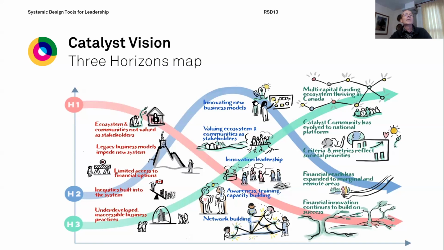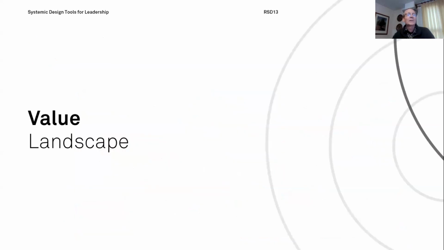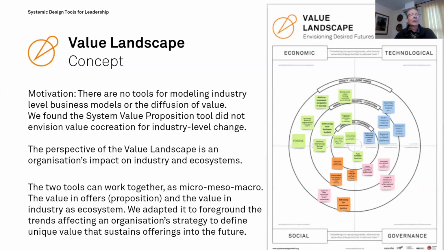And the Catalyst community has evolved to a national platform. What's being measured reflects the societal priorities and so on. So there are some very good ideas in the 3 horizons, and in our tools, we've started to translate.